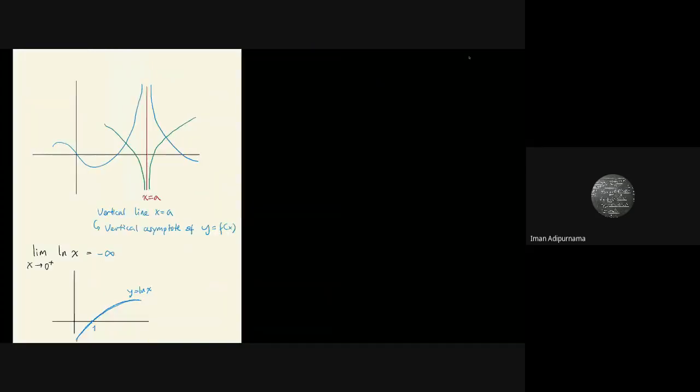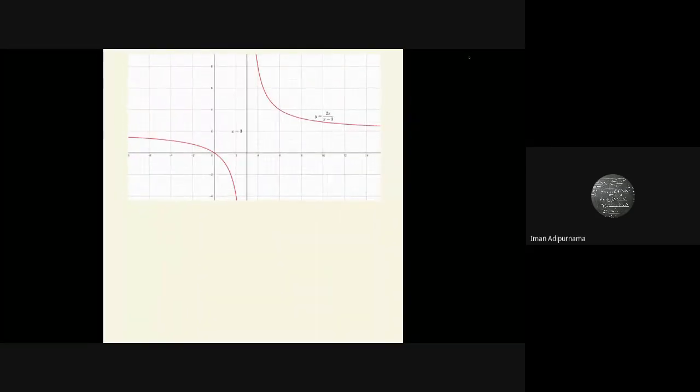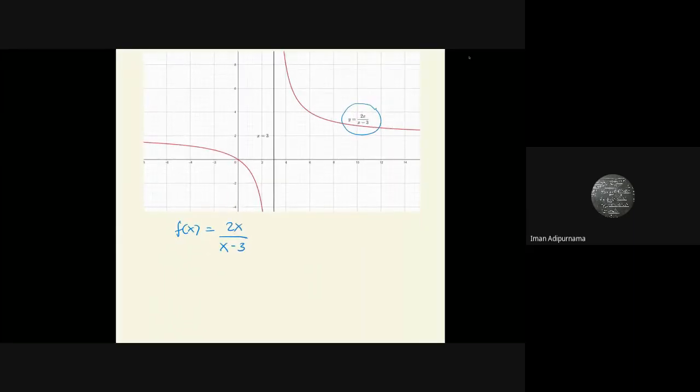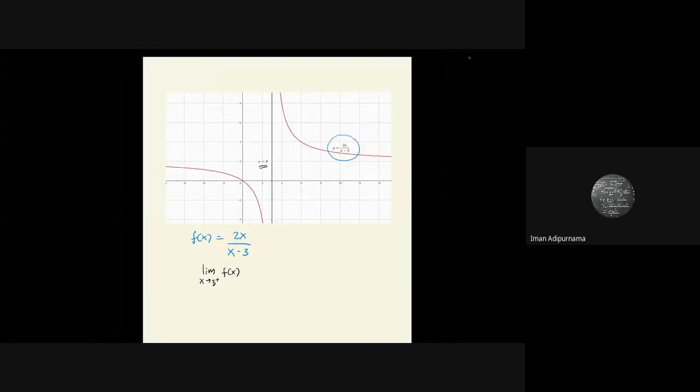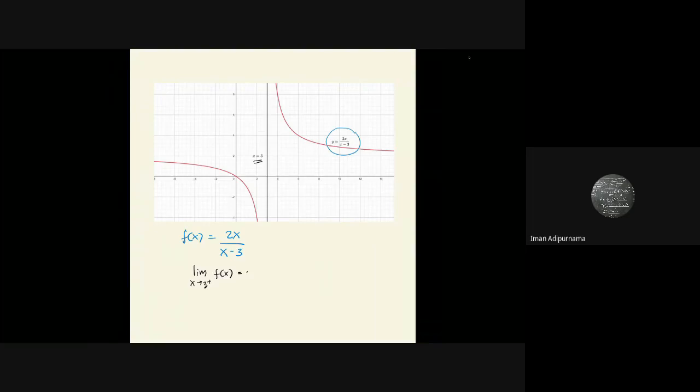One more thing here. If you have this graph, where f of x is 2x and the asymptote is x equal 3 here, then by using the one-sided limit, from the right side it's getting positive infinity, and from the left side it's getting negative infinity.